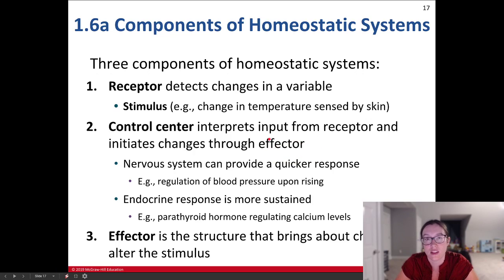The nervous system is faster, right? We have direct nerves, like little wires running from your receptors up to your brain and then from your brain to your muscles or your glands. So the nervous system provides a really quick response, but it usually doesn't last quite as long. Whereas with the endocrine response, remember we said endocrine organs release hormones. Hormones are little chemical messengers that travel through the blood.